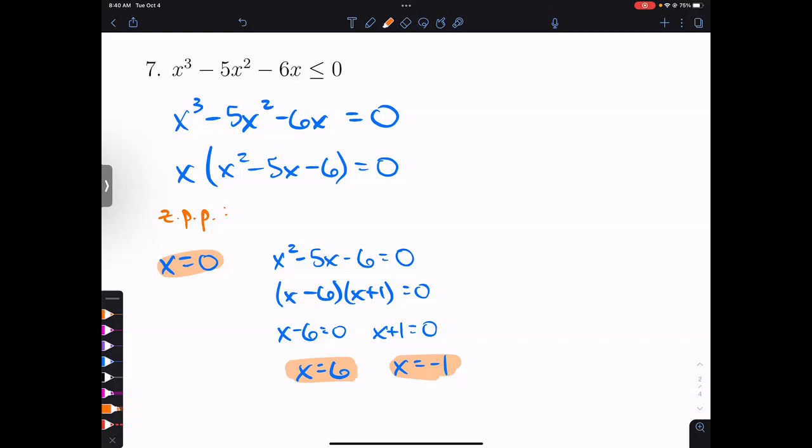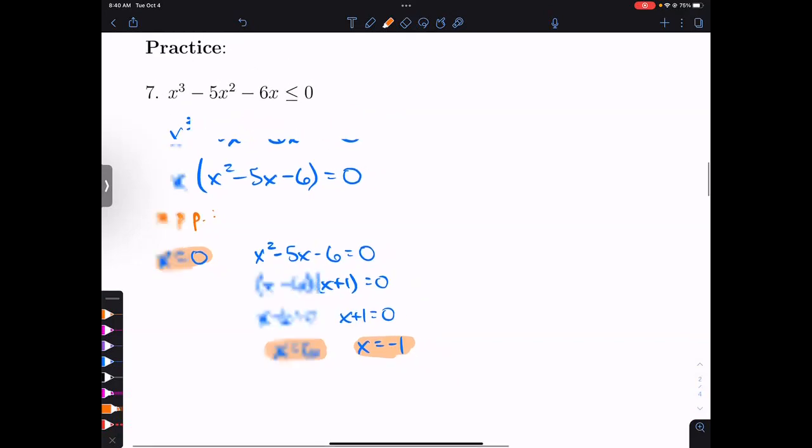But solve that for yourself, however you're comfortable doing it. So we've got 0, 6, and -1 as places where this thing is equal to 0, right? So if we're thinking about the cubic thing on the left-hand side as a function, we've got its x-intercepts now, right? We have its zeros.